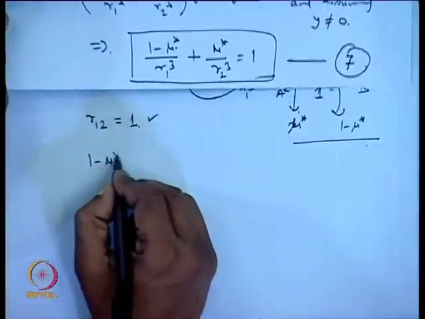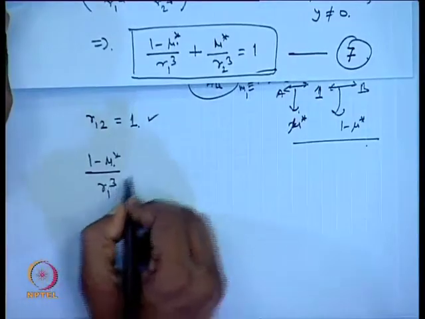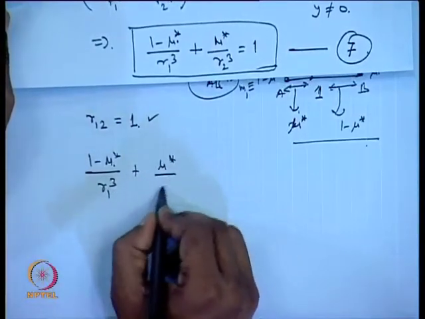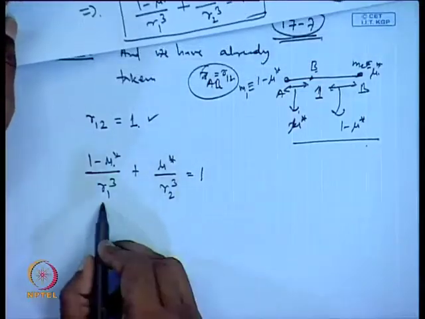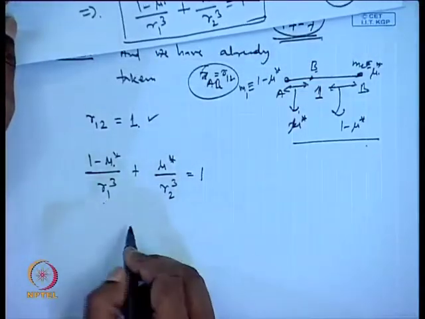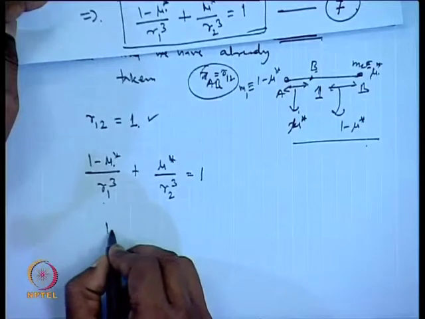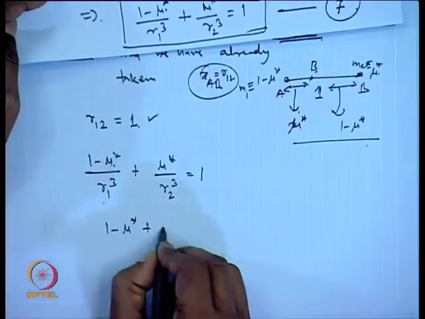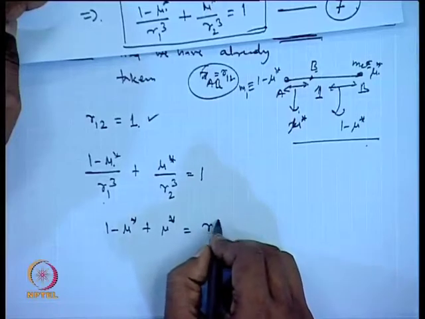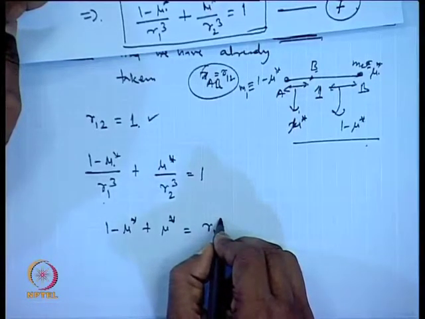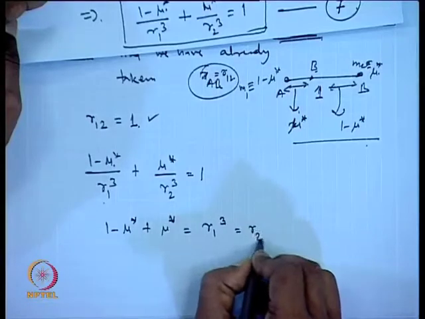Now, in this equation if we substitute R1 equal to R2, this will yield us 1 minus mu star times mu star is equal to R1 cube is equal to R2 cube.